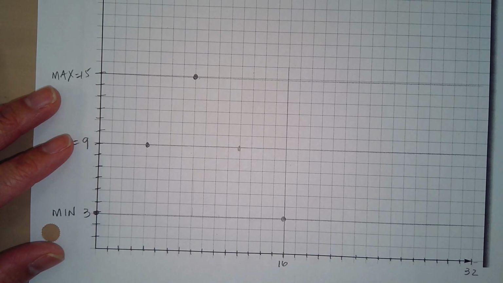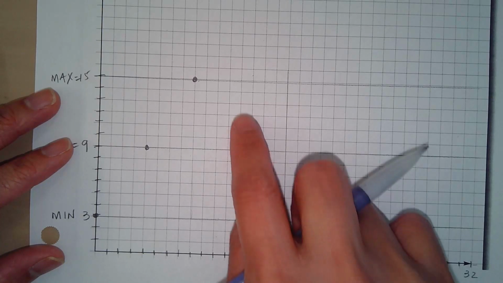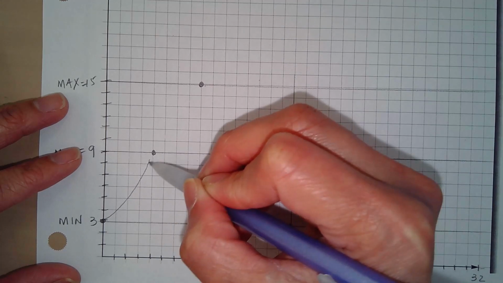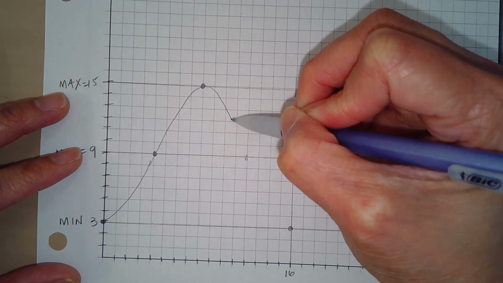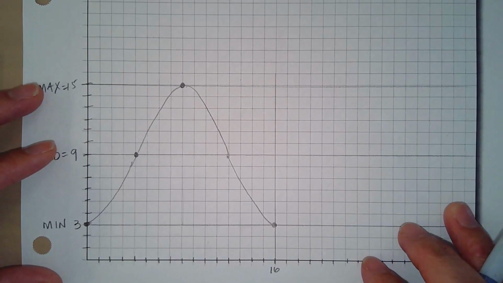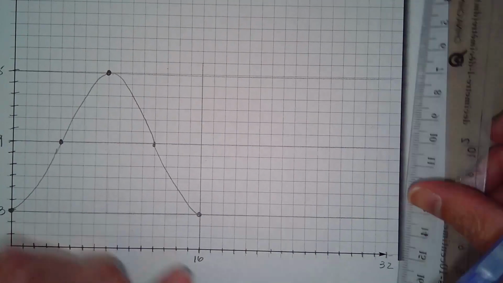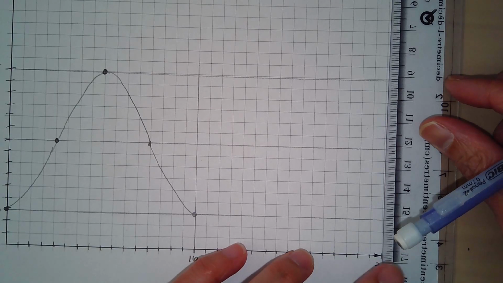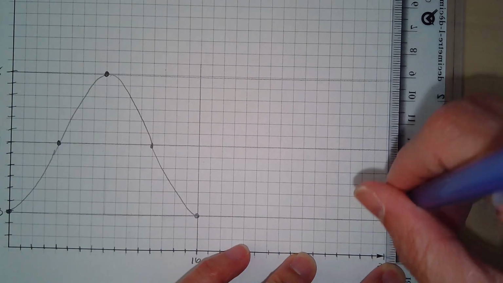Okay. Now, what does that look like? So it's connected. Okay, gotta be careful. That's 1. It says sinusoidal.